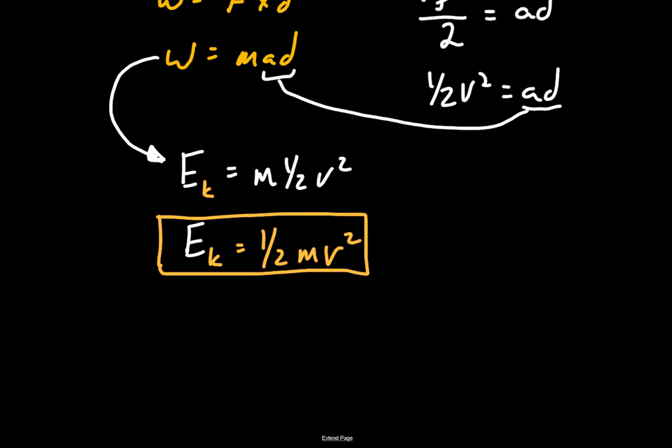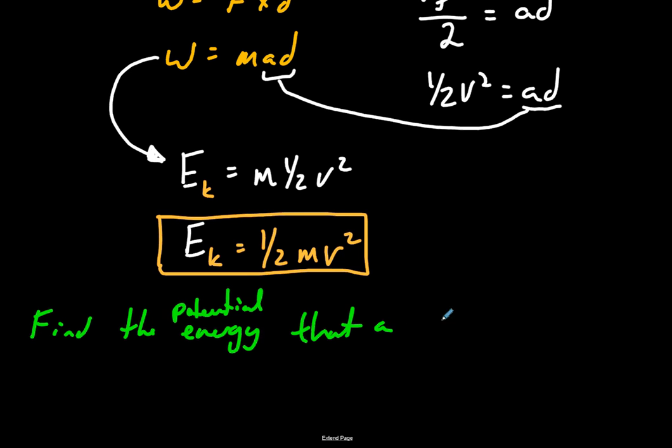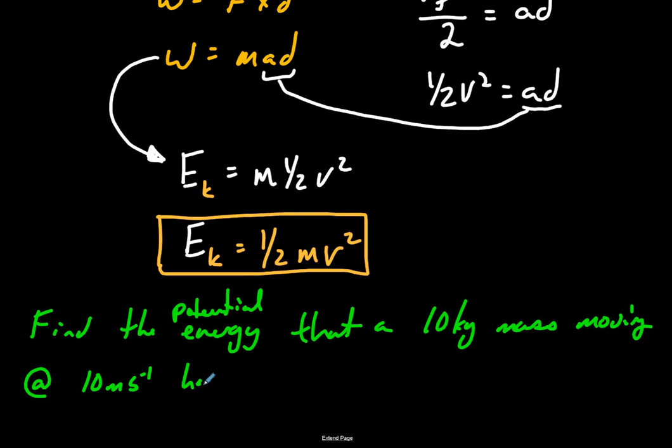Okay, we could do some fancy stuff with this, but let's do something simple. Find the energy, the potential energy, or the amount of work that a 10 kilogram mass moving at 10 meters per second has.